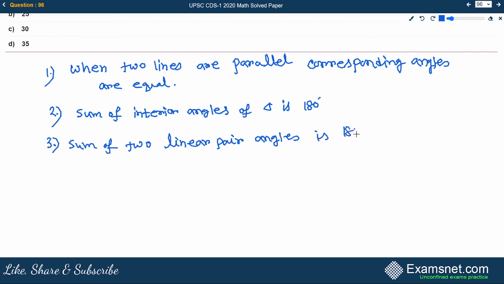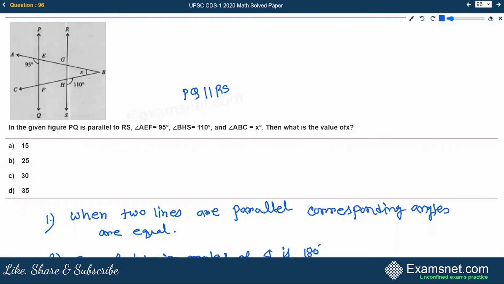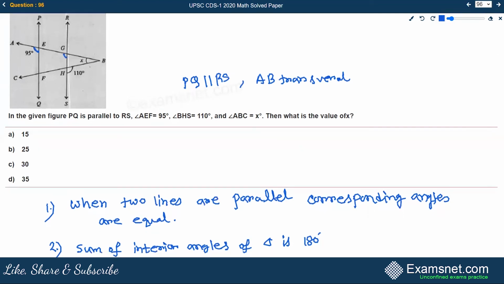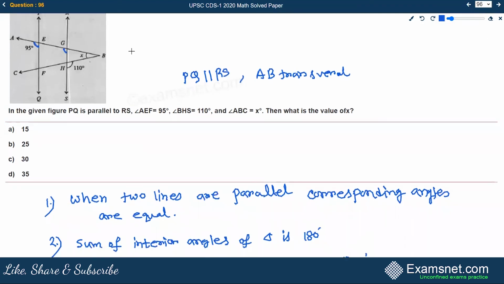Now if I look at the figure, so here PQ and RS, these are parallel, right? So that means AB is transversal. Now look at the figure. So AEF and AGH, these two are corresponding angles. They are at the same corner position.